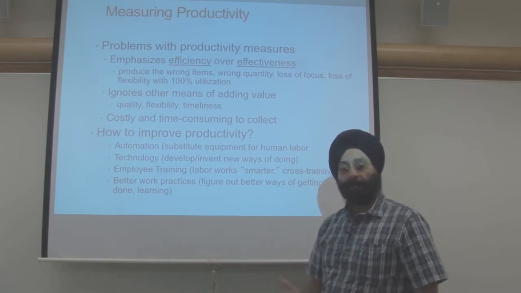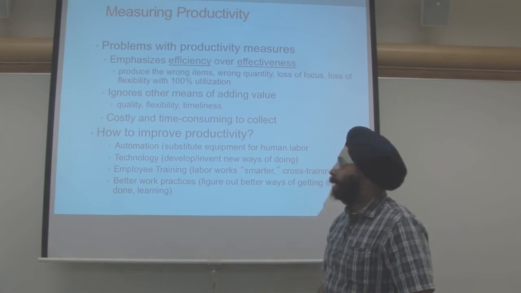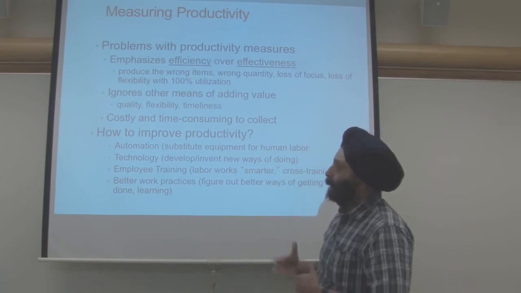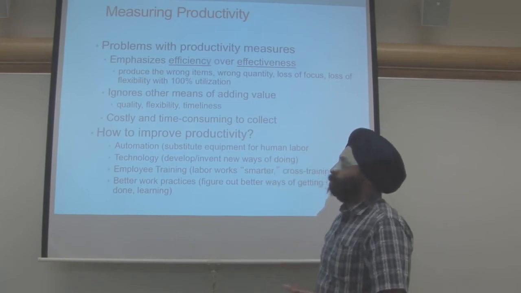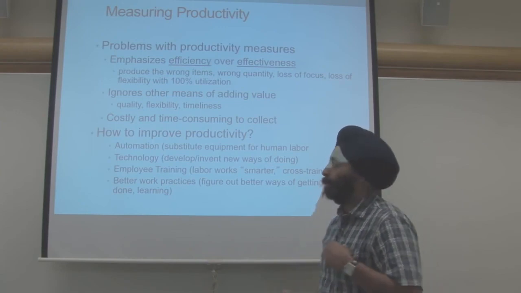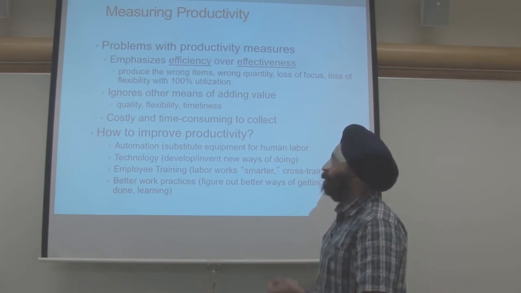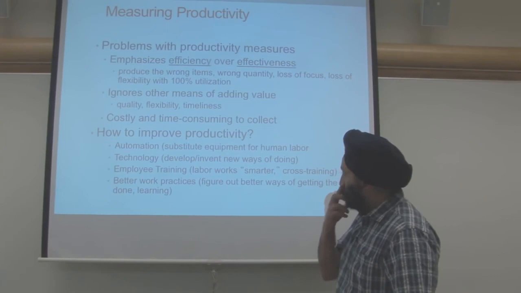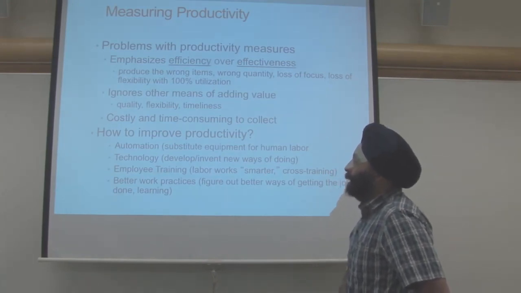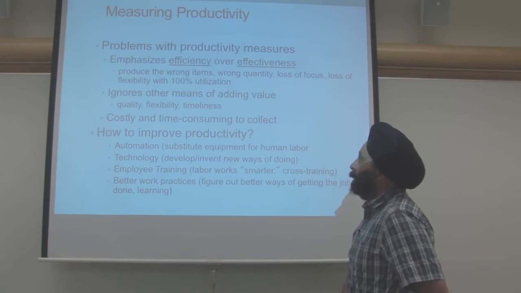It's assumed it's of value. So a lot of times companies are pushed to produce the most they can to get the maximum efficiencies out of a particular operations process, without realizing whether it's actually adding value to the overall company or not.